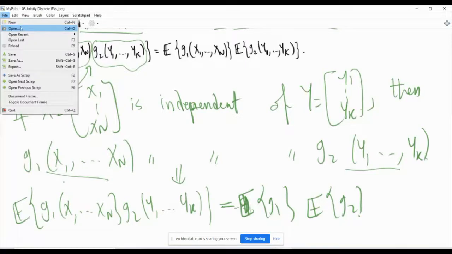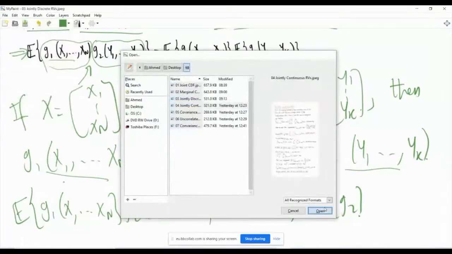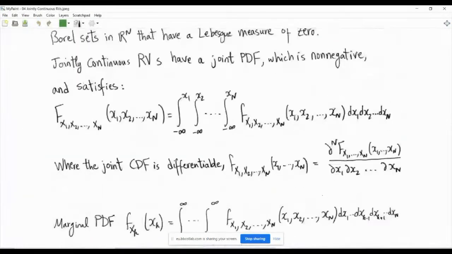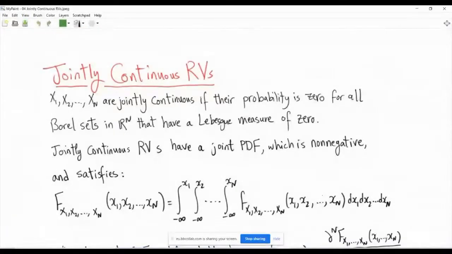Okay. So the second interesting case is what if your random variables are absolutely continuous, and we have a random vector. The rigorous definition is that the random vector composed of the variables x1, x2 till xn is said to be absolutely continuous if the probability of any Borel set in Rn of Lebesgue measure 0 is 0.